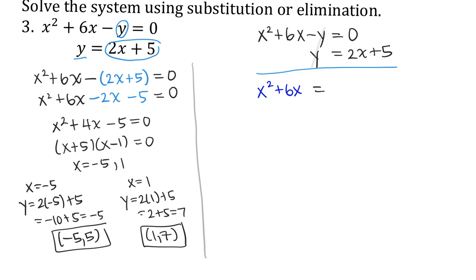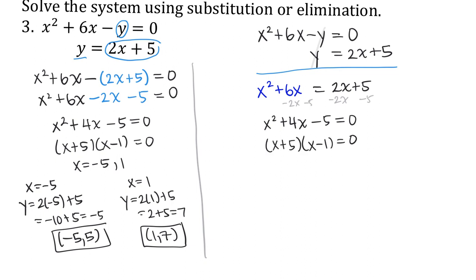And then on the right side, I still have the 2x plus 5. It looks weird, but once I minus the 2x over, I get x squared plus 4x. And then I can also minus the 5 over. Then I can keep solving it like we did on the other problem, and after this, I'm going to get the same answers I got over here.